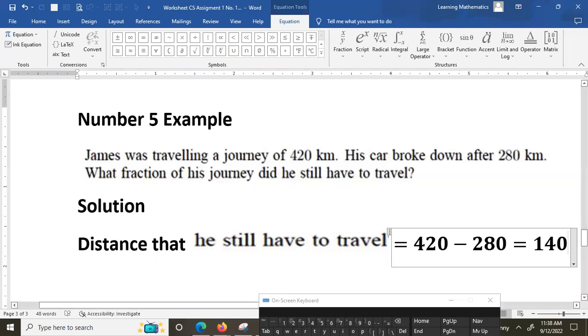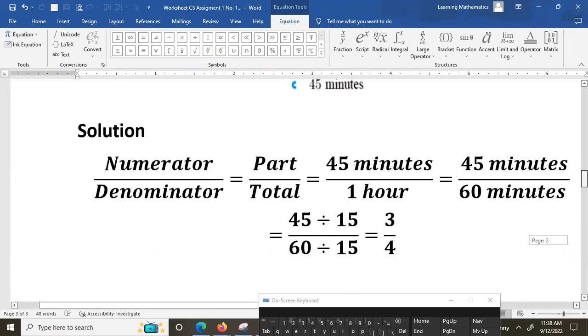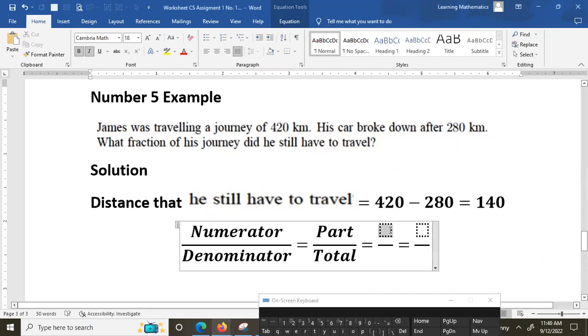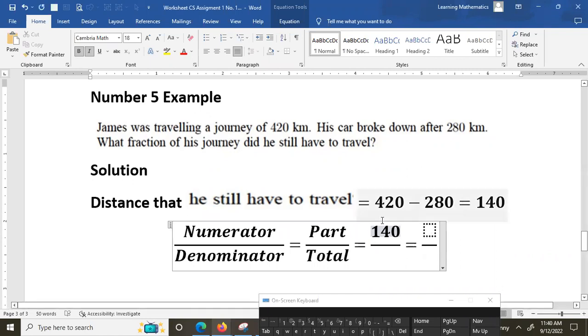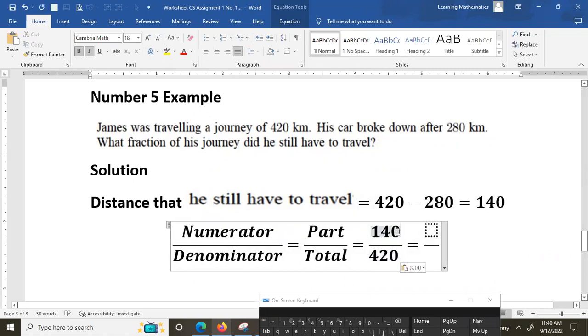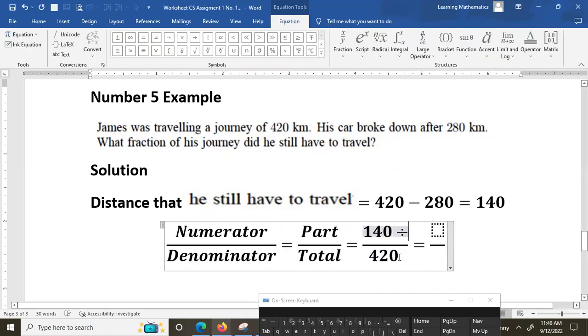Now remember we said that the fraction is made of a numerator and a denominator, the part over the total. So the part that he still has to travel is 140, and the total distance is 420. Reduced to the simplest terms, we have to look at the highest common factor between 140 and 420.